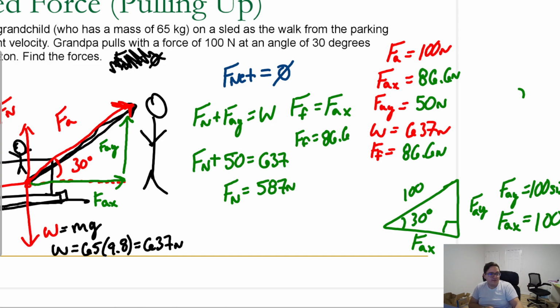So there we go. We found all of the forces involved. Man, it's looking a little bit like Christmas over here. We found all the forces and all the components of this system.